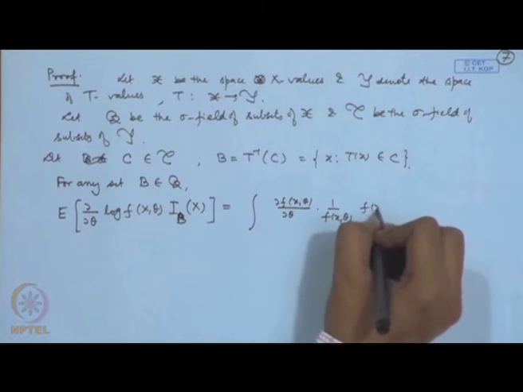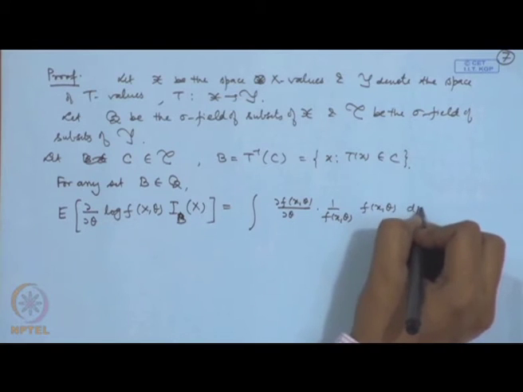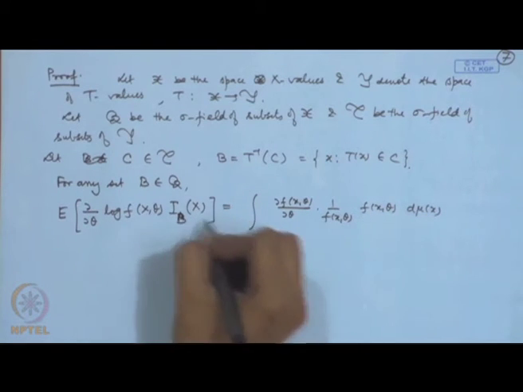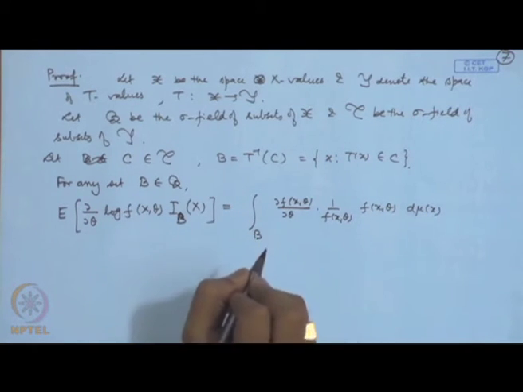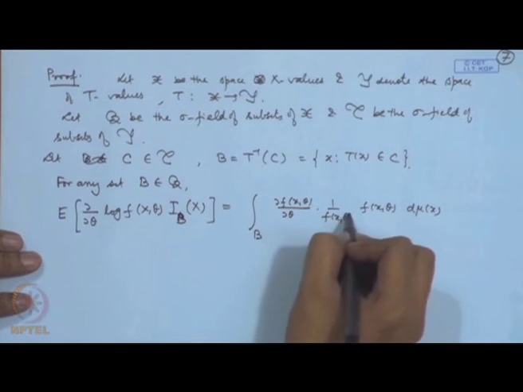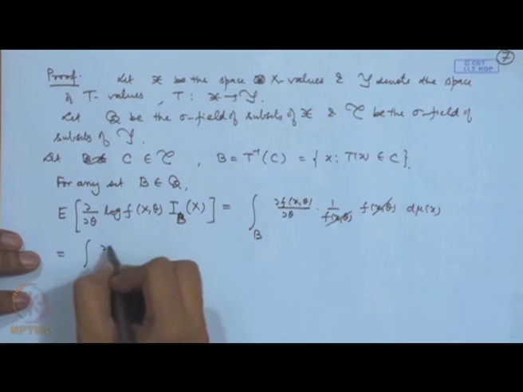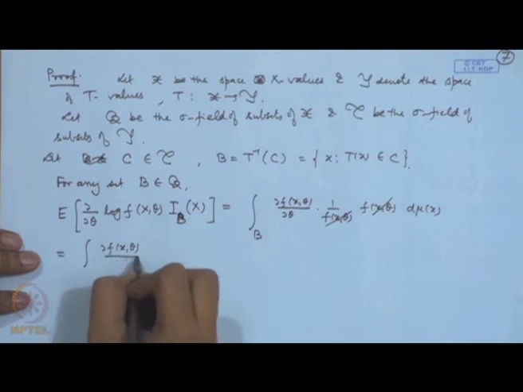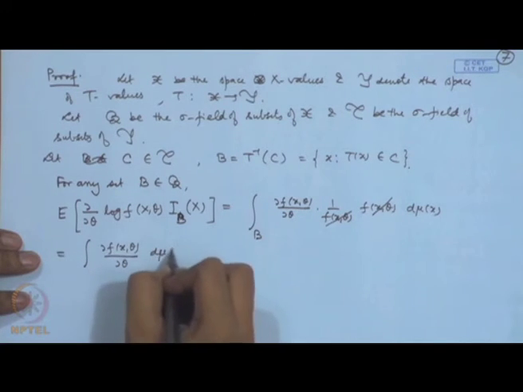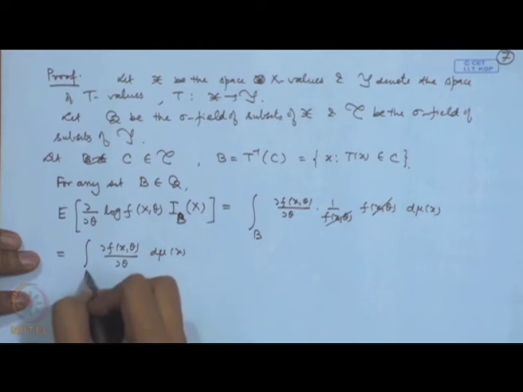So, f(x, theta) and f(x, theta) cancel out, and we are getting the integral of del f by del theta d mu_x over B.